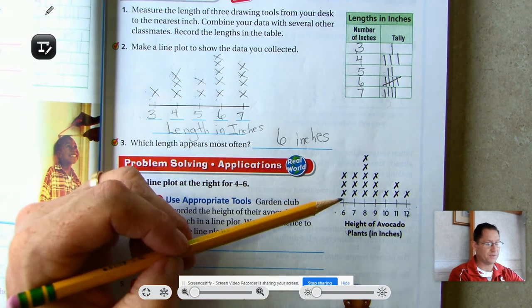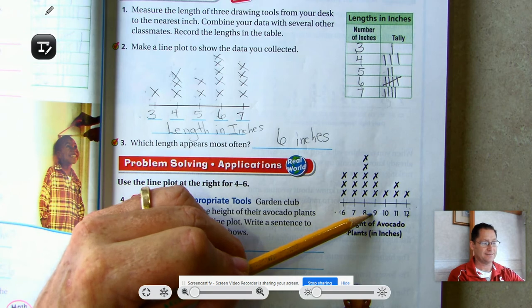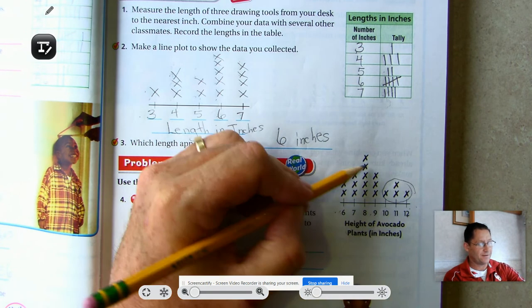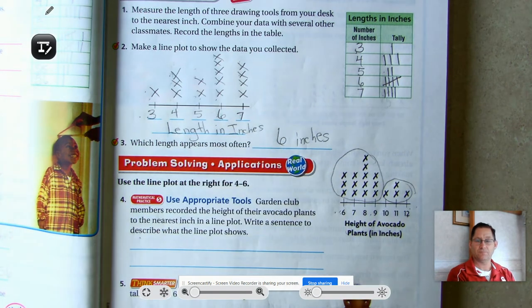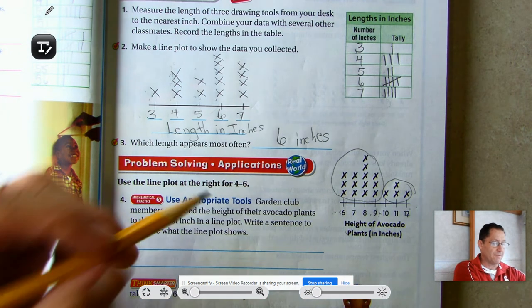Most of the plants were between 6 and 9. So if we have this group and this group, we would say most of the plants are between 6 and 9 inches. So I think that's what I'm going to write.